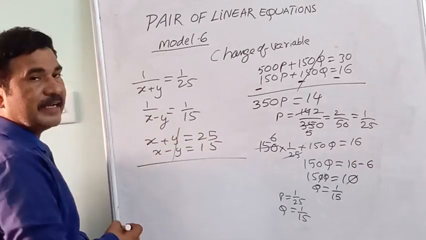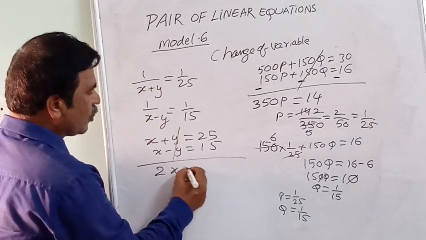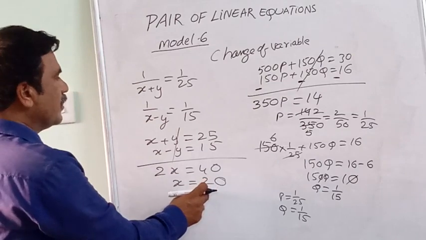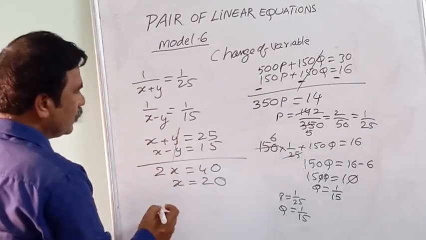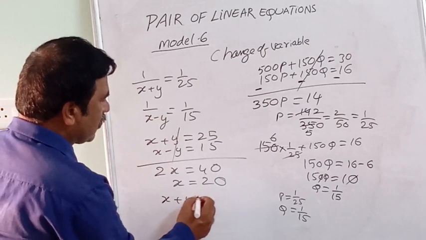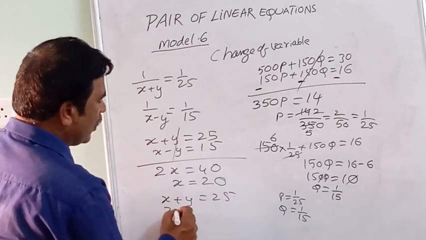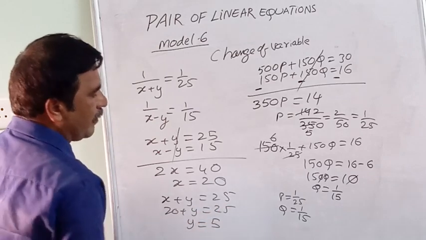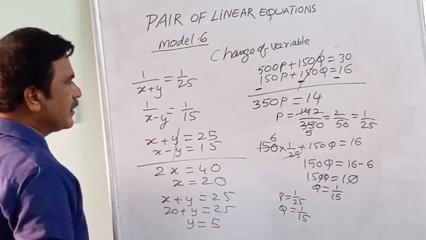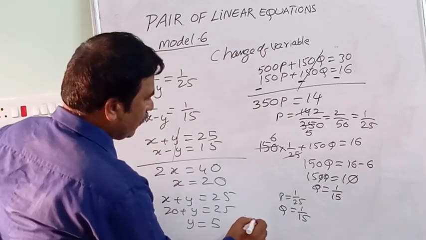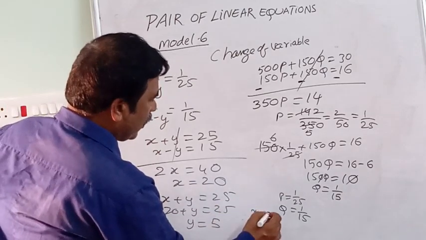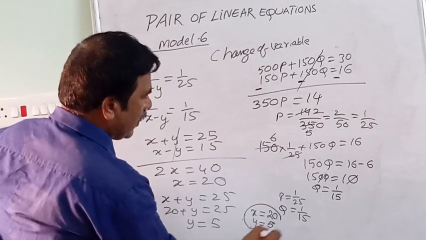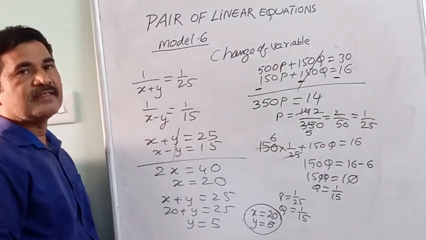Solve this by elimination, cancel y, you'll get 2x is equal to 40, x is equal to 20. Substitute this value in any of these two. x plus y is equal to 25, 20 plus y is equal to 25, that means y is equal to 5. Therefore, both x and y values came. Therefore, x is equal to 20, y is equal to 5 is the solution of these equations.